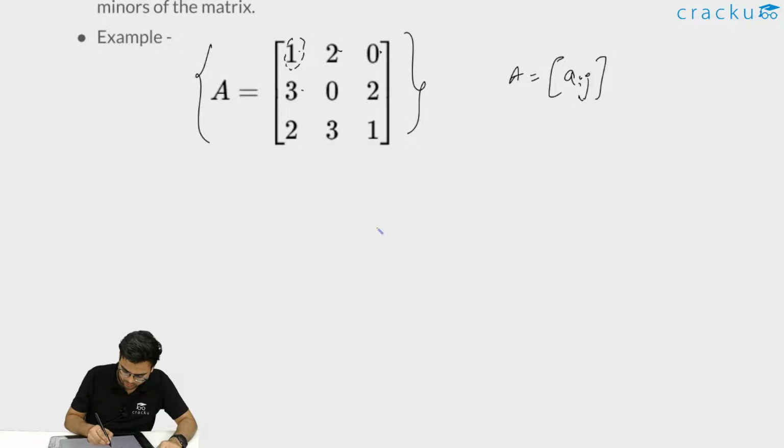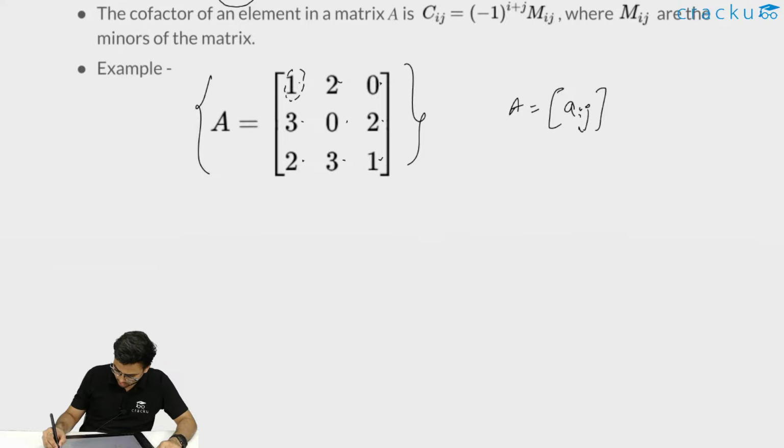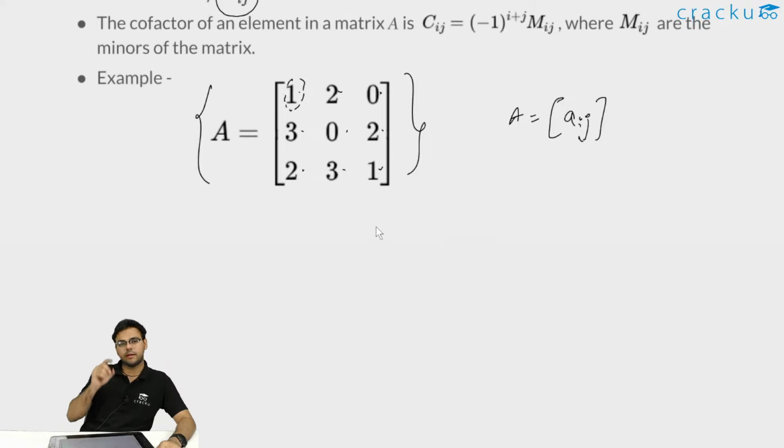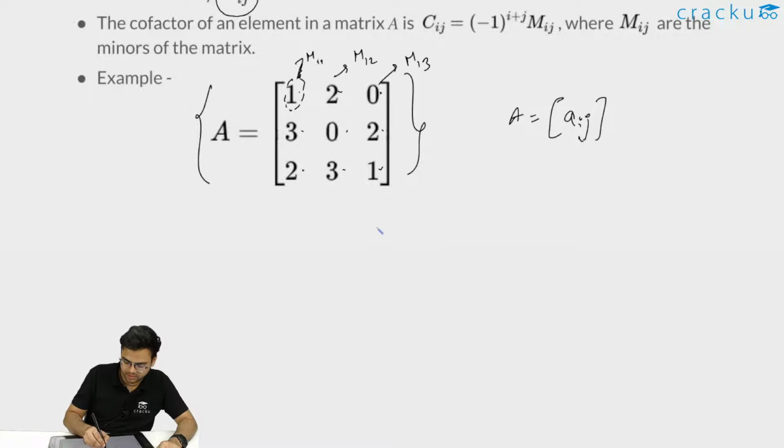Then A21, A22, A23, A31, A32 and A33. First of all, minor is possible for all the elements. For A11 the minor will be M11, for A12 the minor will be M12, for A13 the minor will be M13. So for each corresponding element there will be a minor.